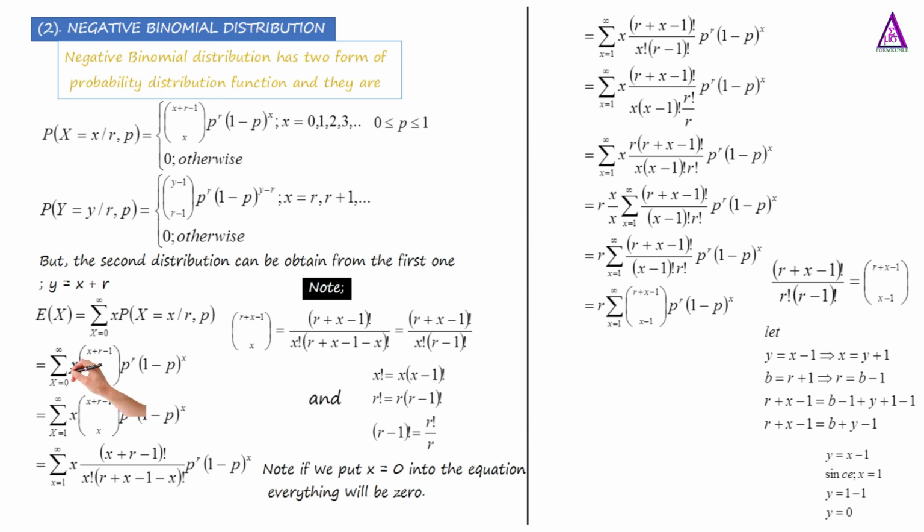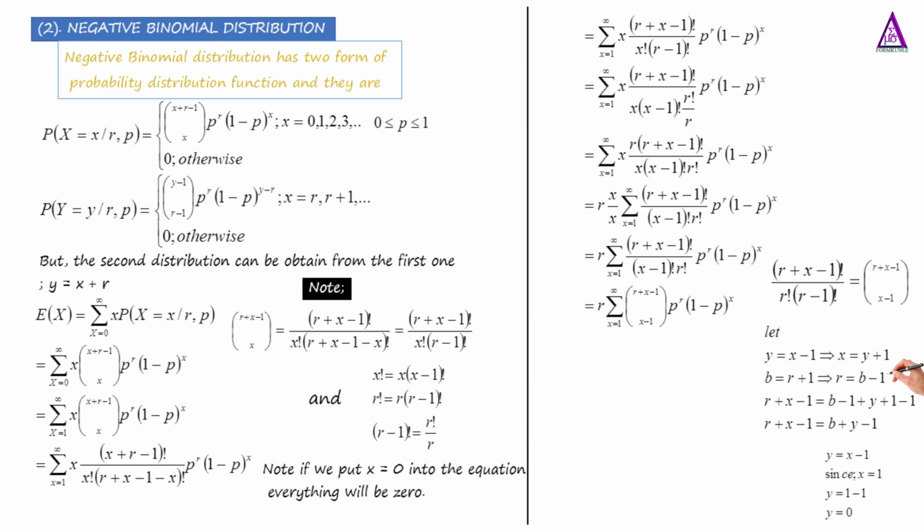Let y equal x minus 1, which implies that x equals y plus 1, and b equal r plus 1, which means that r equals b minus 1. Now r plus x minus 1 equals b minus 1 plus y plus 1 minus 1.